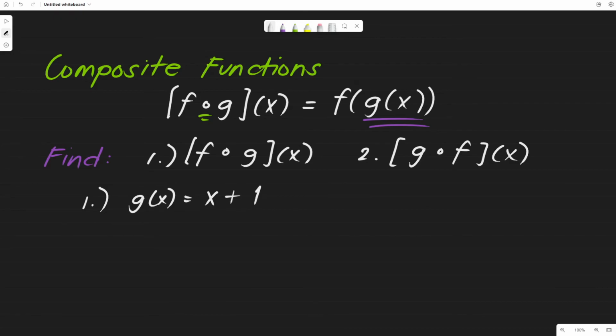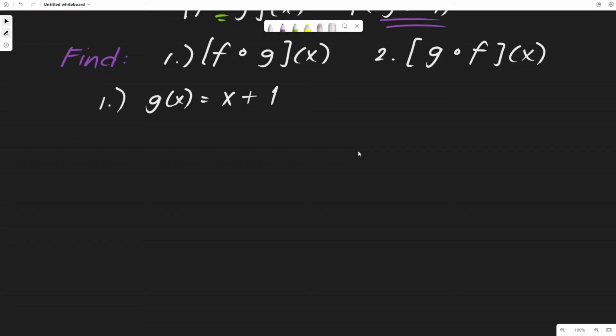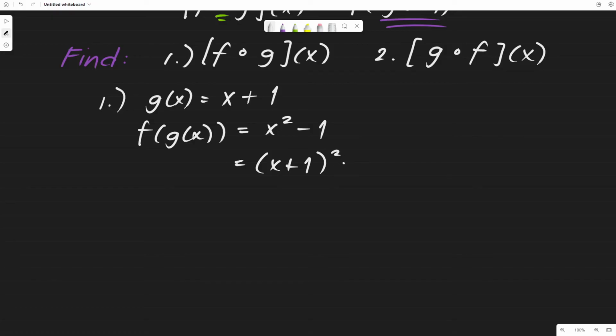Ayan. G of x is x plus 1. Then, itong x plus 1, ipa-plug natin sa loob ng f of x. Okay, so our f of x is x squared minus 1 rather. Then we have x plus 1 squared minus 1.